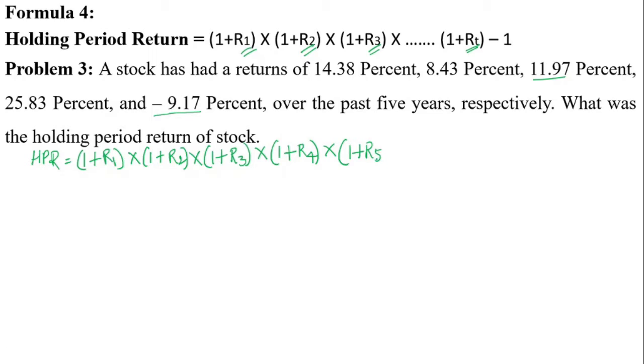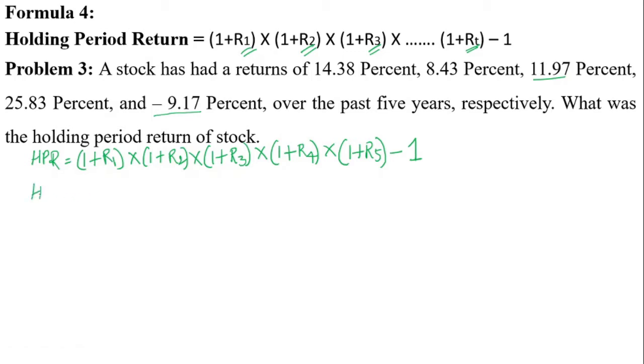Because the 5th year is the last year, so T is considered as the 5th year. This is the formula we are going to use for the given information.